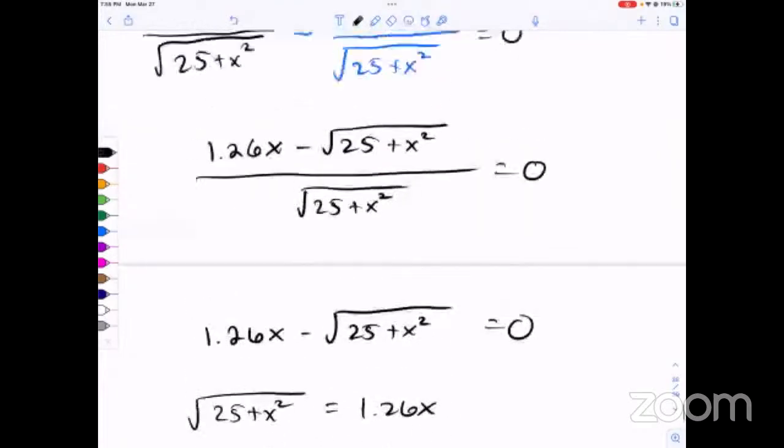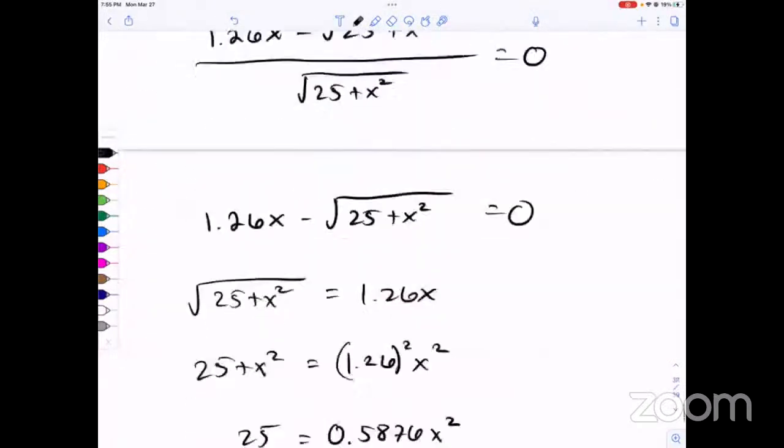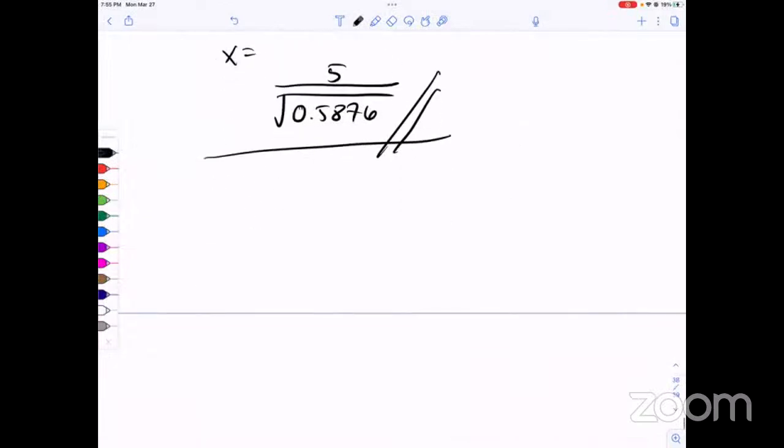Okay. So if we have x, then s is going to be 12 minus x, right? So then s is going to be 12 minus that result, the square root of the 76 under 5, right?